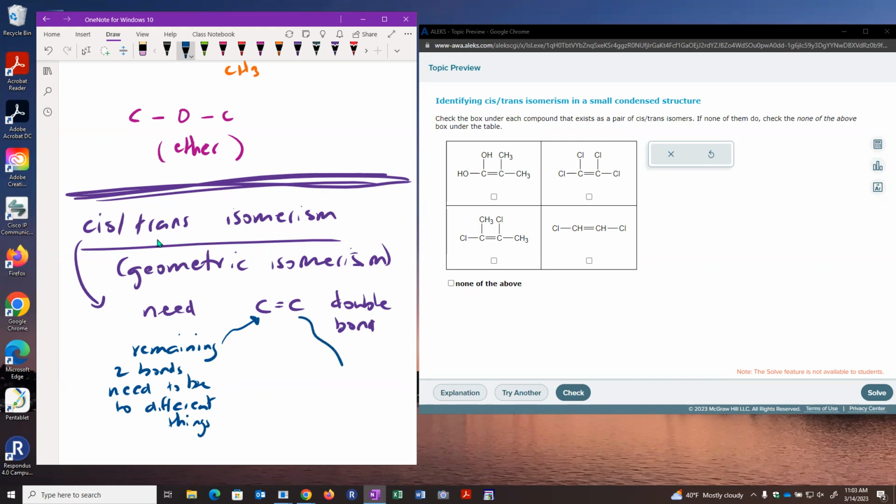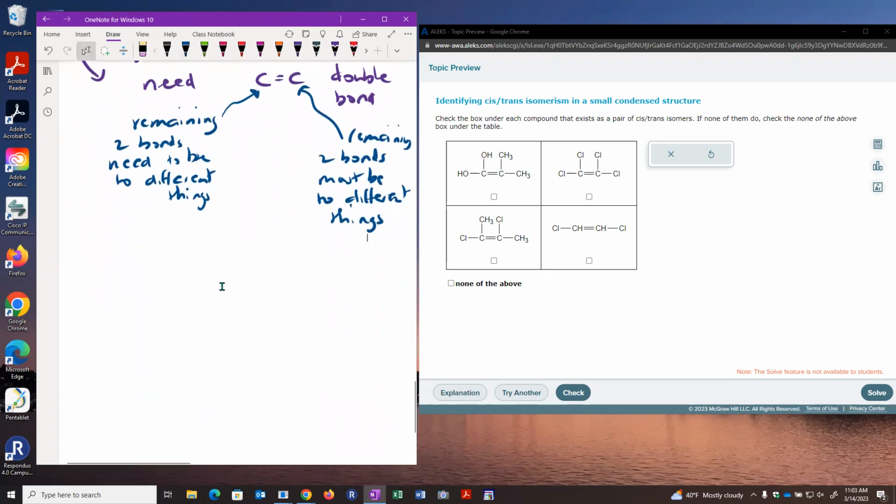And the same thing applies to this other carbon of the double bond, right? The remaining two bonds must be to different things. So what do I mean by that?